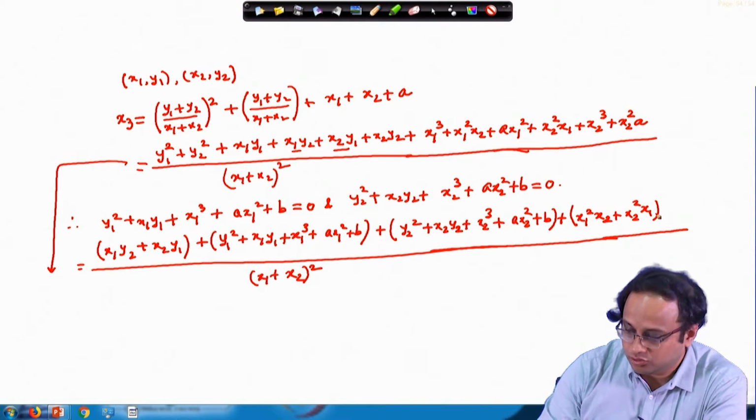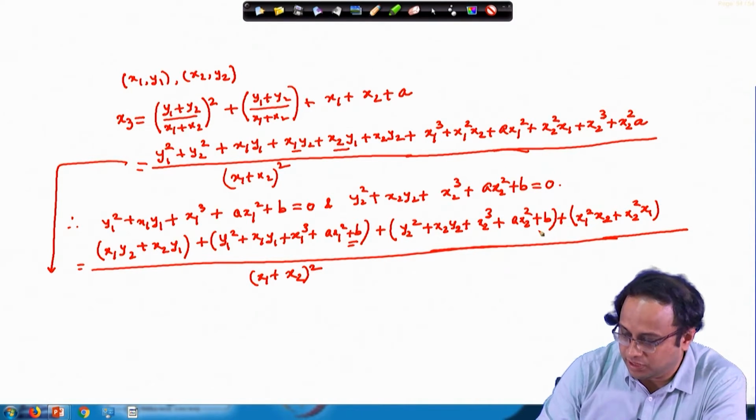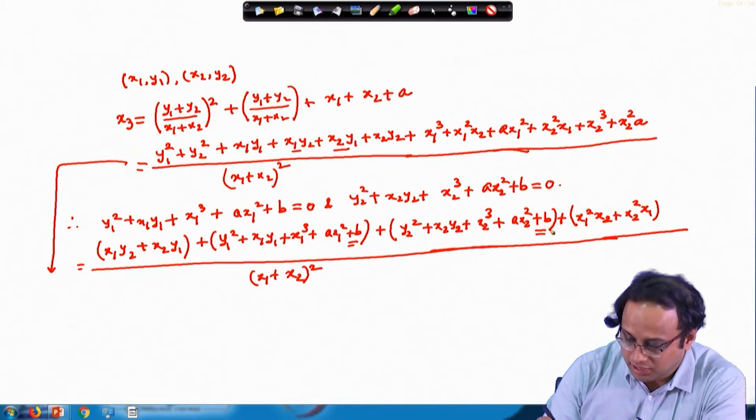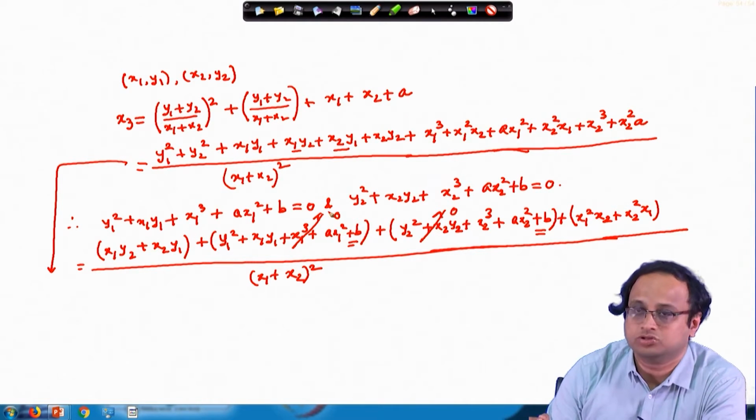Okay, so you can note that I have just added a b here, and I have also adjusted the b here, because they are characteristic two, so we can do that, and this part and this part are both 0.